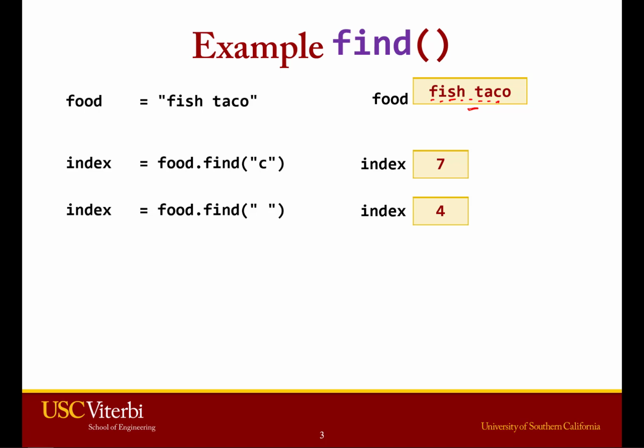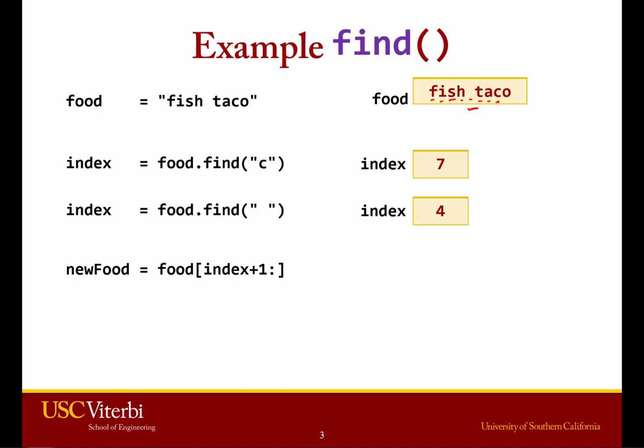If I wanted to do some calculations with this to find partial words, I could say new food equals food, and now I'm slicing my string. This is the string slice notation. So I say index plus 1 colon, which means go to the end.